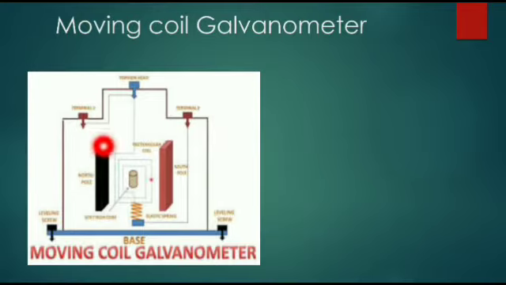This magnet acts as a north pole and this magnet acts as a south pole, and this is the deflection cage, and this is the coil. The coil is attached to a metallic spring, which is made of brass, right?